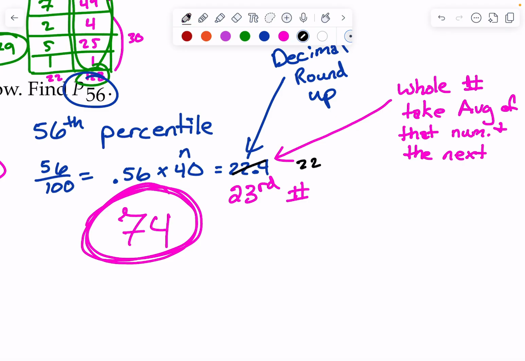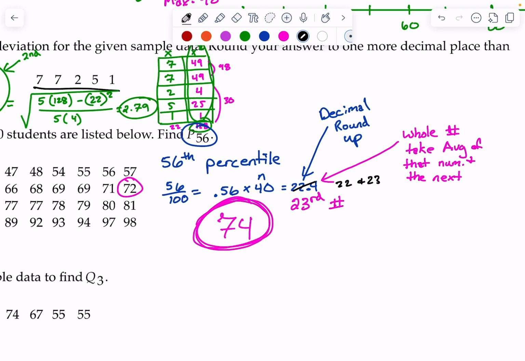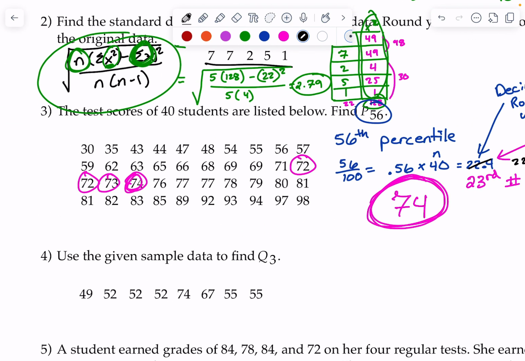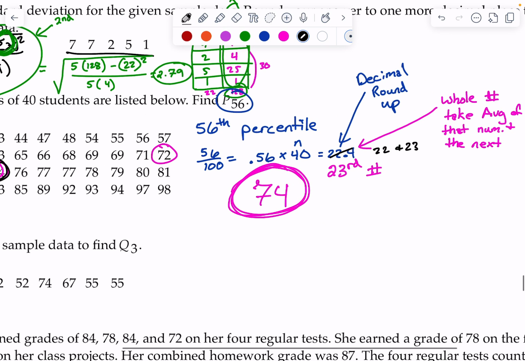If it was 22, I would take the 22nd and 23rd numbers and average them together. The 22nd is this one, the 23rd is this one. I would average those two together to get my percentile. So if it's a decimal, you round up and you take that number. If it's a whole number, you take that number and the next number and average them together. So 74 is the correct answer for that one.